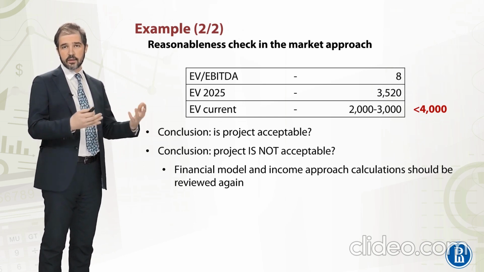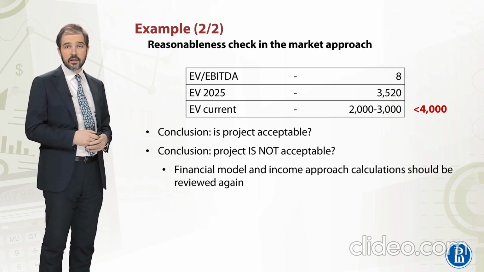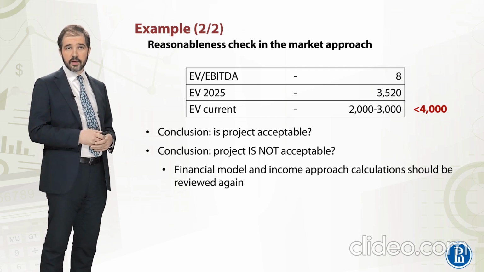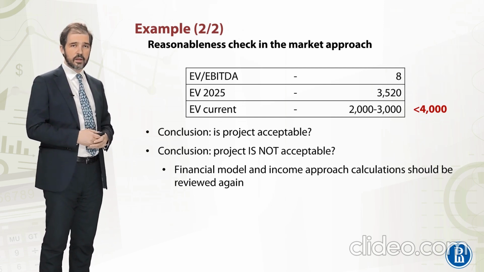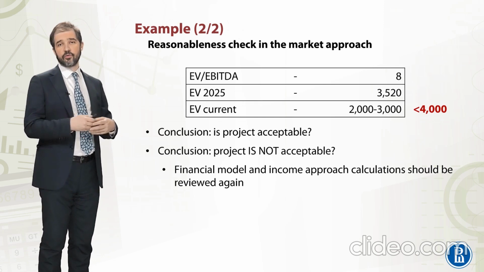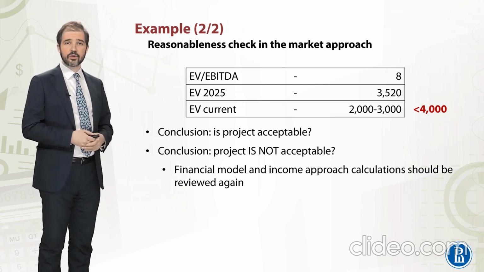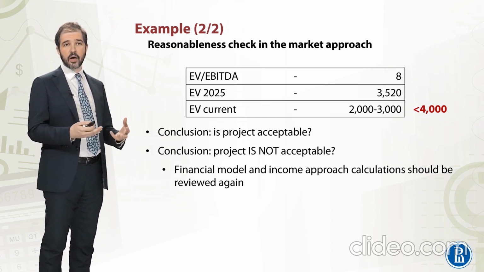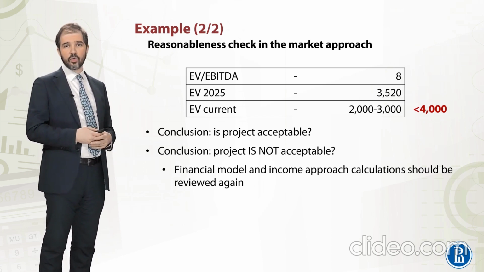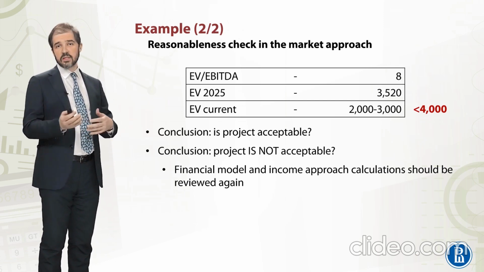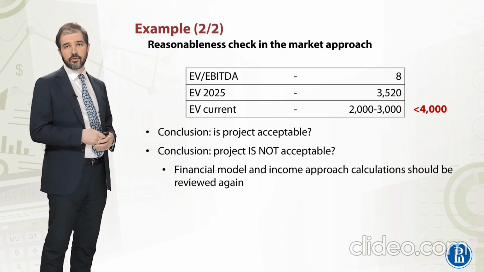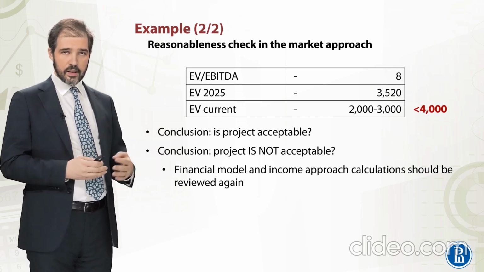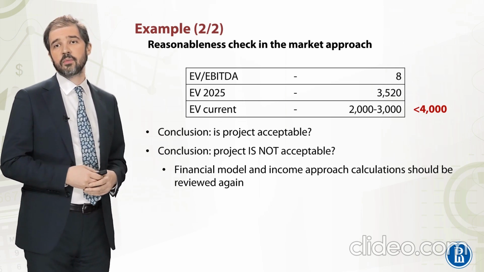So we are quite loyal to these results and quite optimistic. If we take a multiple of 8 and multiply it by the EBITDA of 2025 of 440, as we have seen on the previous slide, we will have enterprise value or business value at that point of time of something around 3.5 billion rubles. But this value will be at some point of time in the future.